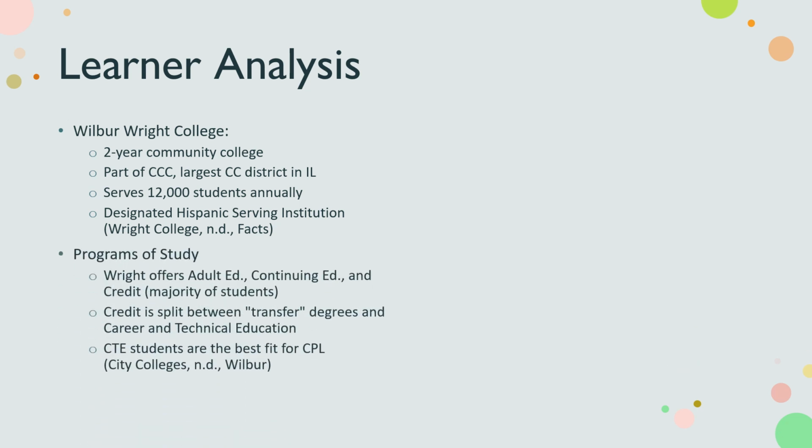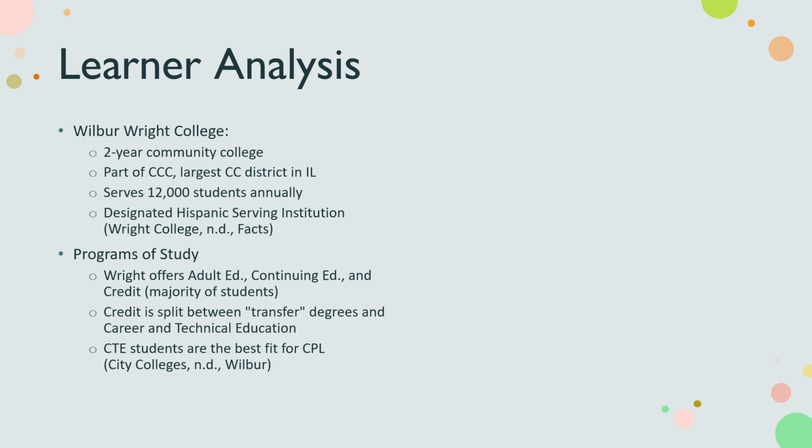Let me tell you a little bit about the programs and the students. So we offer adult education, right? That's GED and ESL. We have continuing and community education programs. Those are non-credit. Obviously, the majority of our students, there's about 8,000 annually, are in credit classes. Credit is split between essentially two pathways.